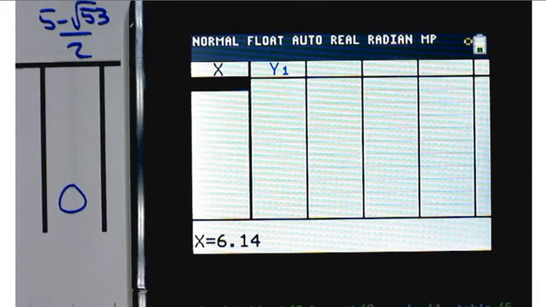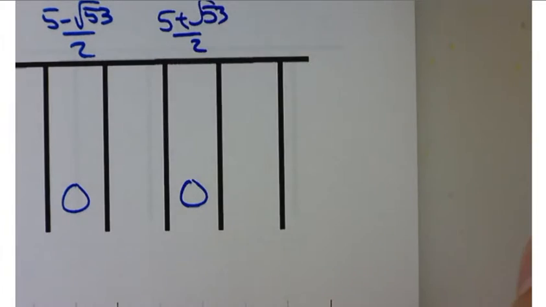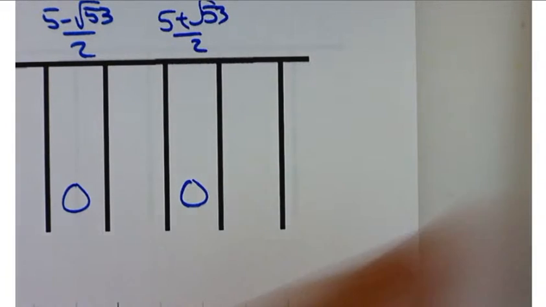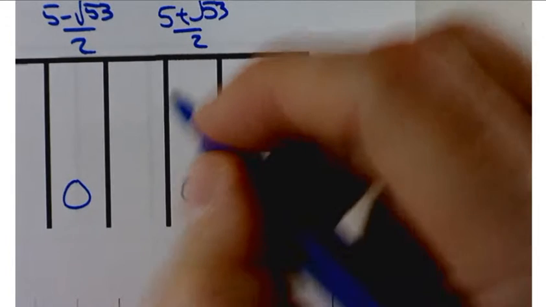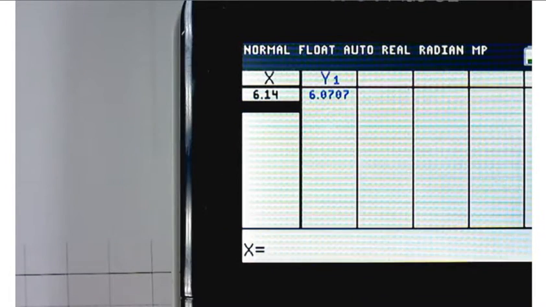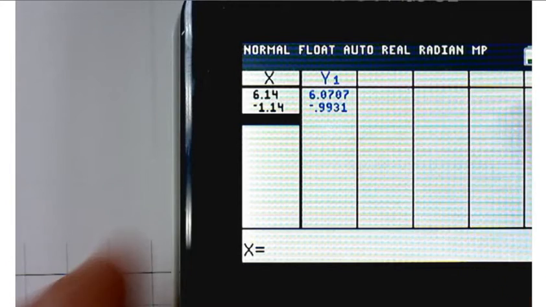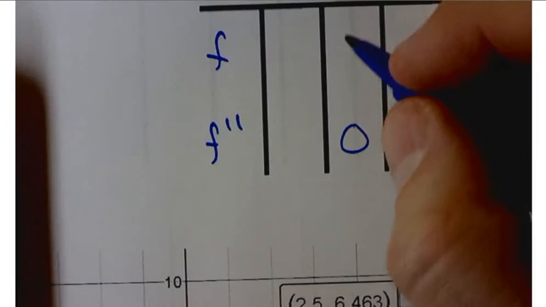So let's put that in here. And then negative 1.14 gives 0.9931, so negative 0.9931, negative 0.99. It's about negative 1, right?